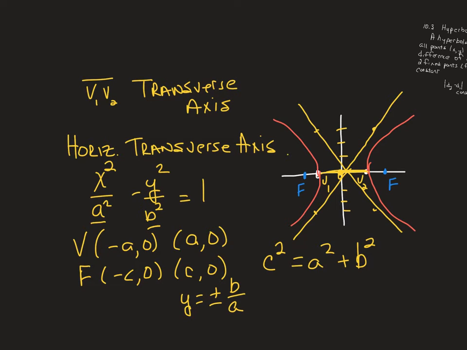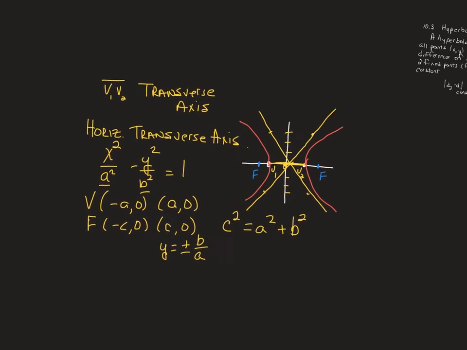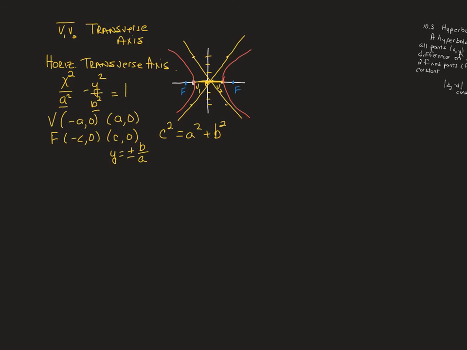Let's look at the equation for a vertical transverse axis. First let's see what that might look like. There are my x and y axes.